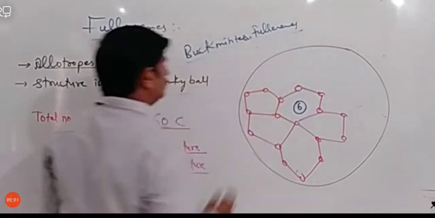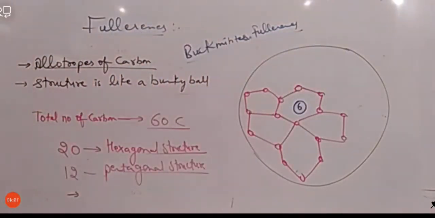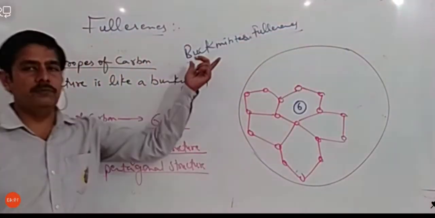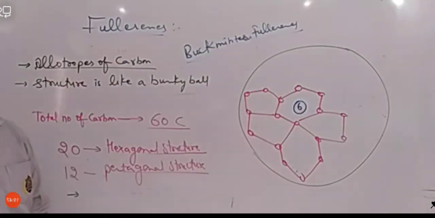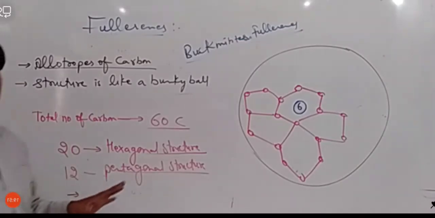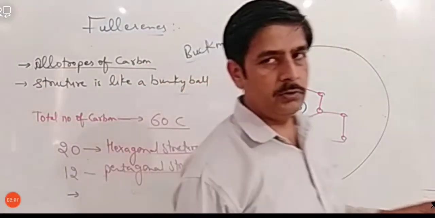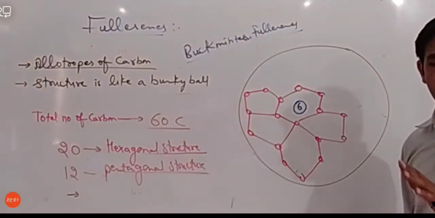So this is also the name of fullerene, and it is because of its discoverer, Buckminster, that the name was given. So you have to remember this as well. So that is all about fullerene given in our book.